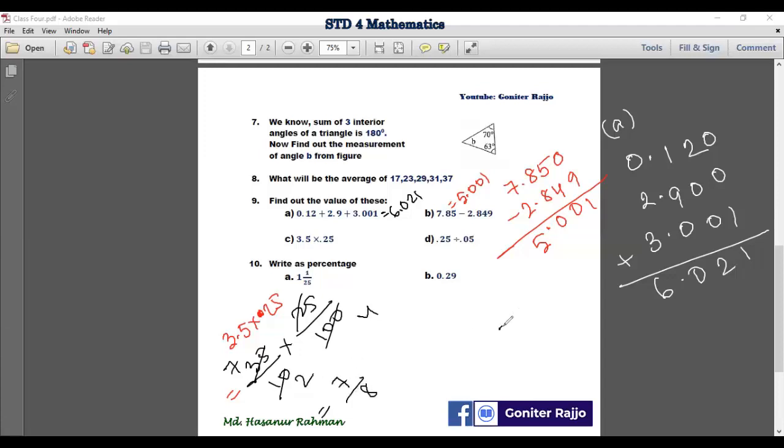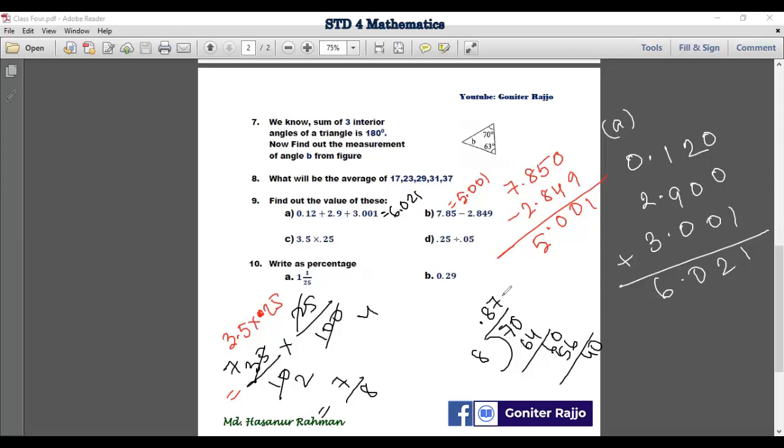Or if you want to convert this 7 by 8 to a decimal number, you can also convert. How? We cannot divide 7 by 8, so we have to put a point. This point represents 0. So 8 8 is 64. So what will be left? 6. So you can put a 0. 8 7 is 56. So what will be left? 4.